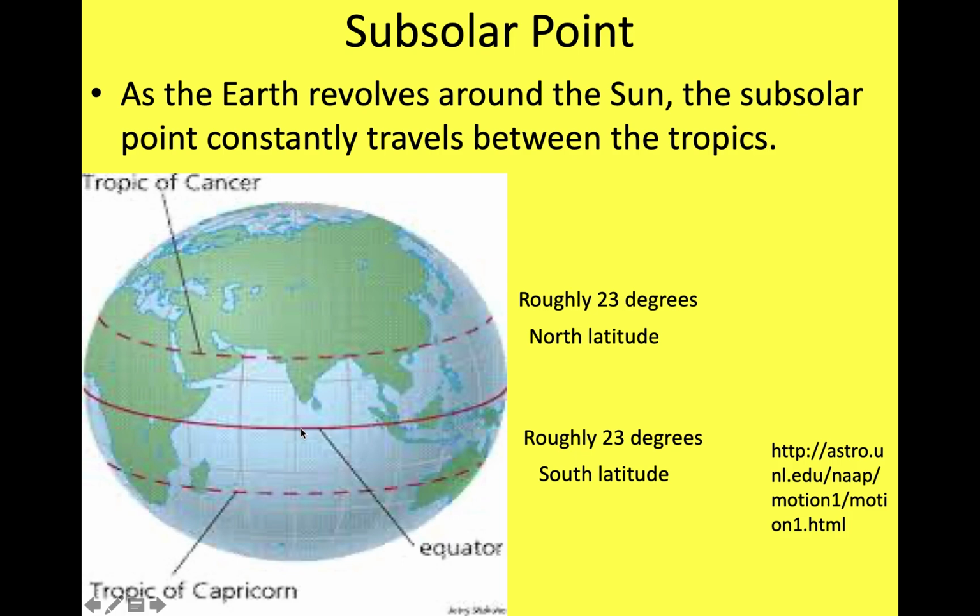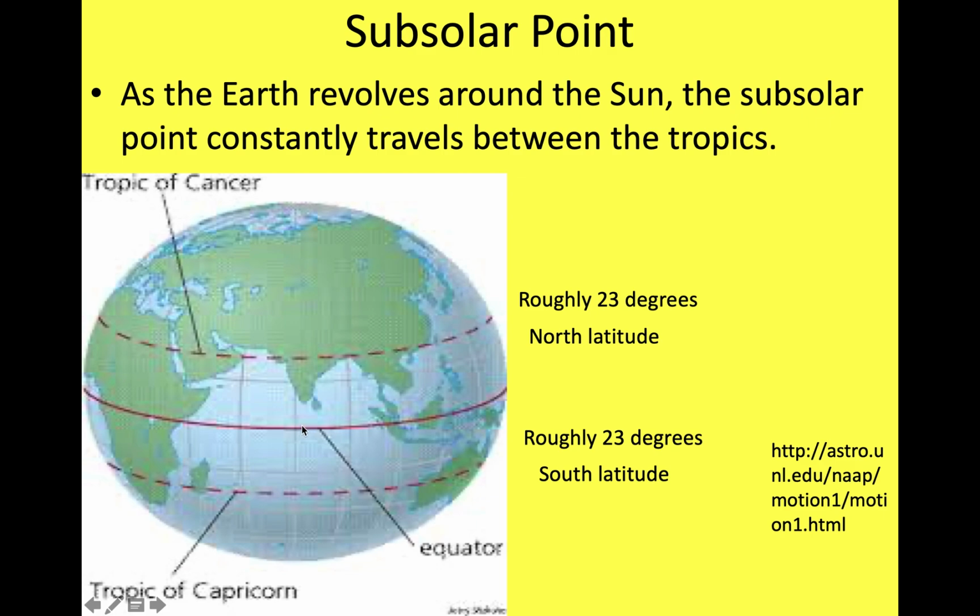Then, as we go into winter in the northern hemisphere, the subsolar point travels down to the Tropic of Capricorn and arrives here on the first day of winter in the northern hemisphere. And then as we go back to spring, the subsolar point travels back to the equator.